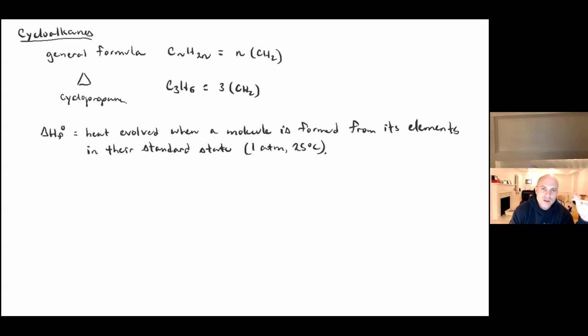The more negative the delta HF naught, the more stable the molecule.